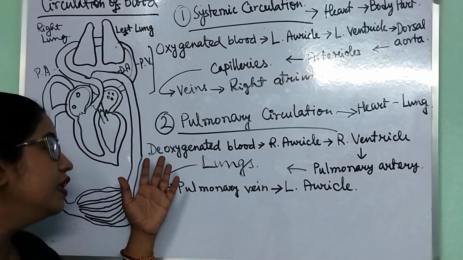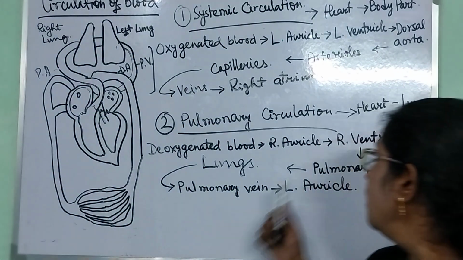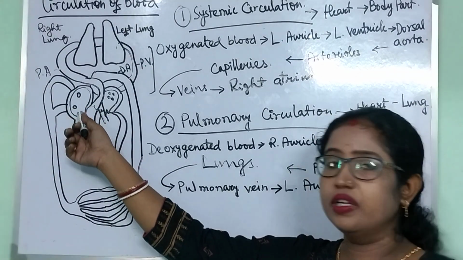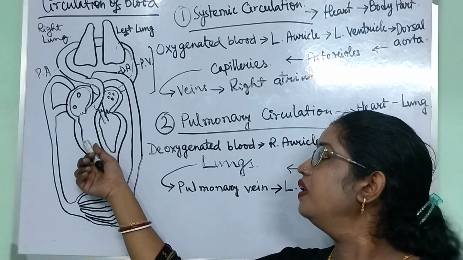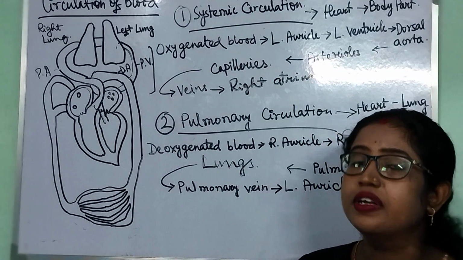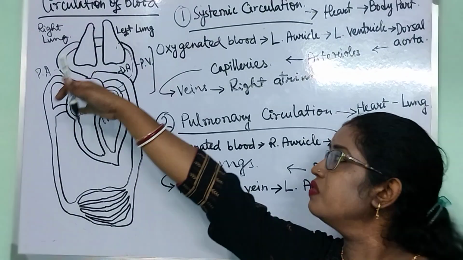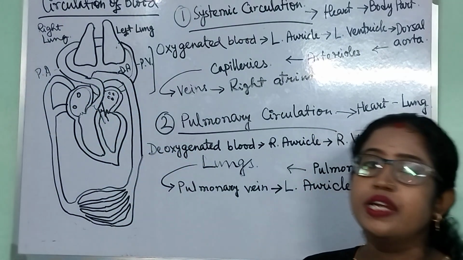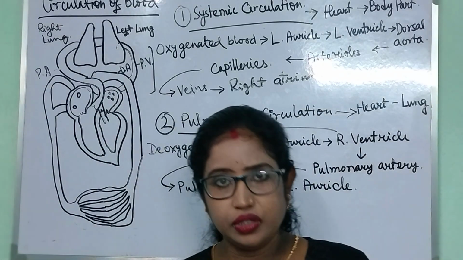It means the deoxygenated blood from the whole body enters into the right auricle, then the right auricle contracts and the blood enters into the right ventricle, which then contracts, and the blood forcefully passes into the pulmonary artery, carrying the deoxygenated blood into both the lungs.